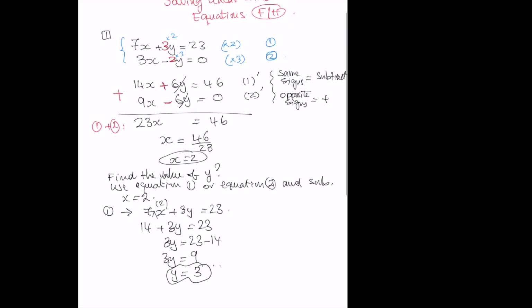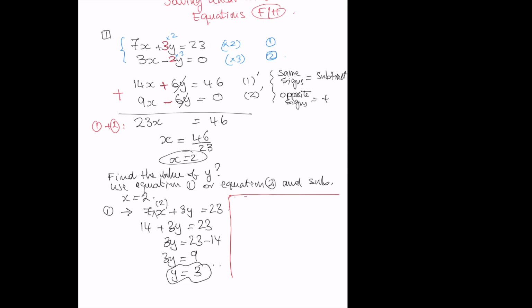Very good. I'm going to squeeze in another example here, to give you more chance to understand this topic. This time I will have the same signs, yeah? So let's do it here.